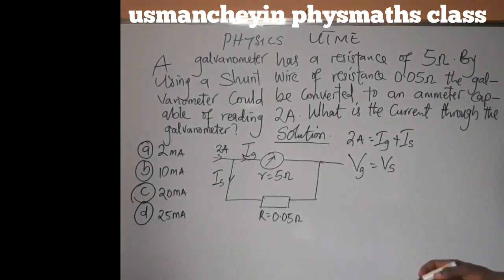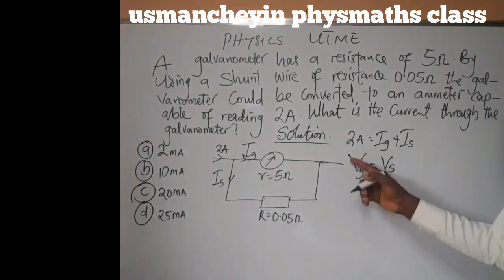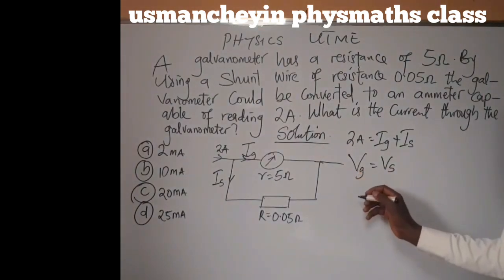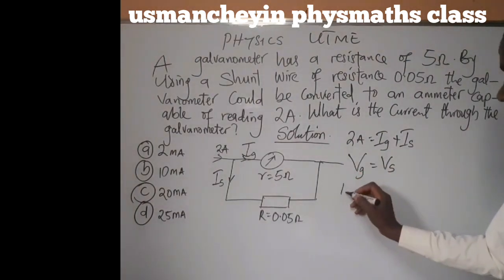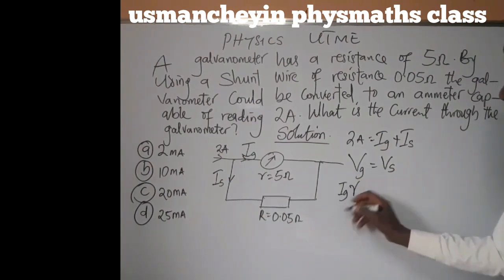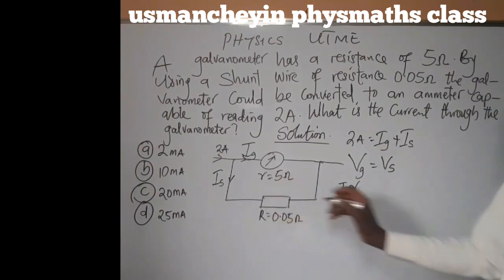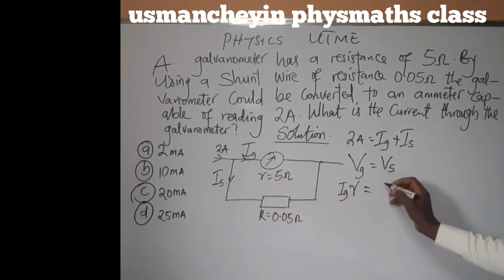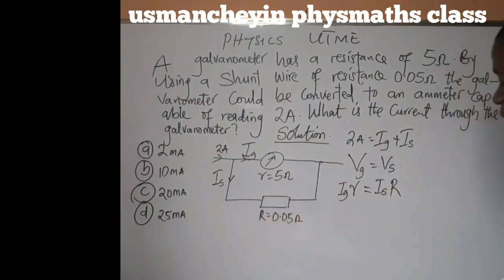And if that is true, from Ohm's law, we know that V is equal to IR. So we have I of galvanometer times R of the galvanometer, small r, equals V of shunt, which is I of the shunt multiplied by capital R, R of the shunt.